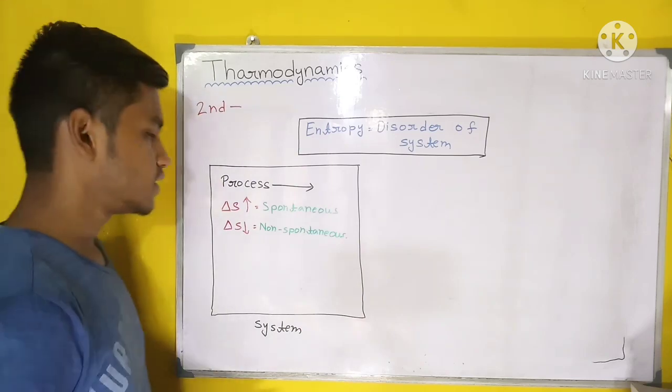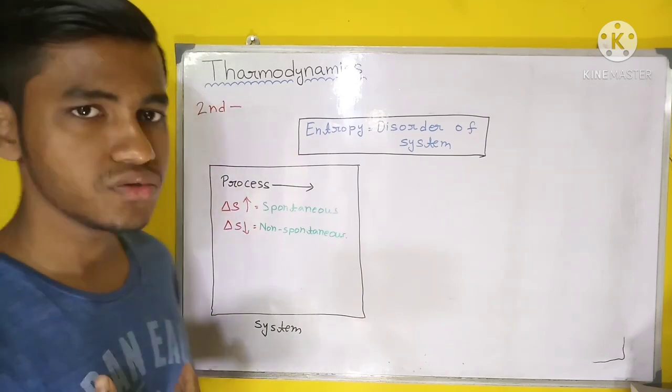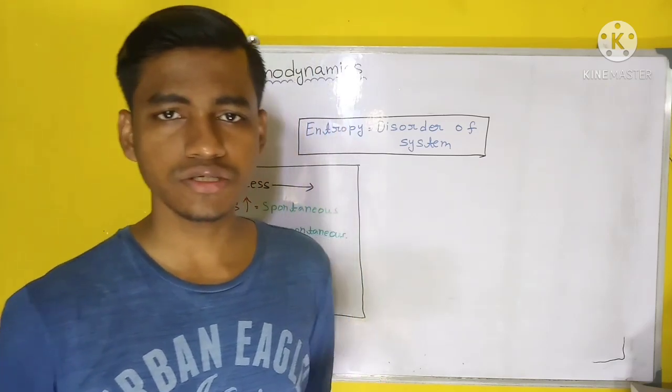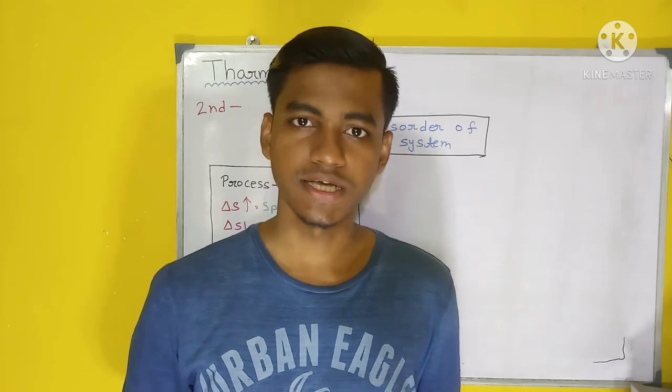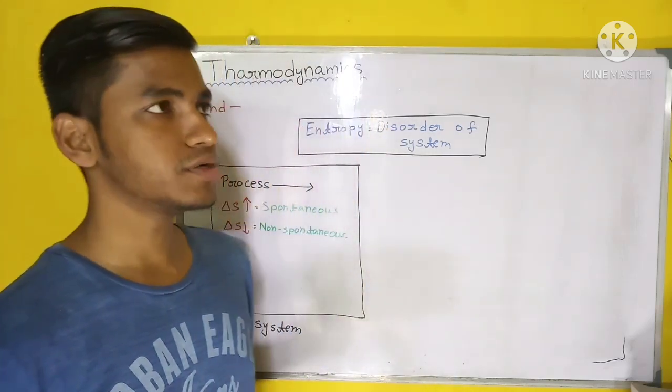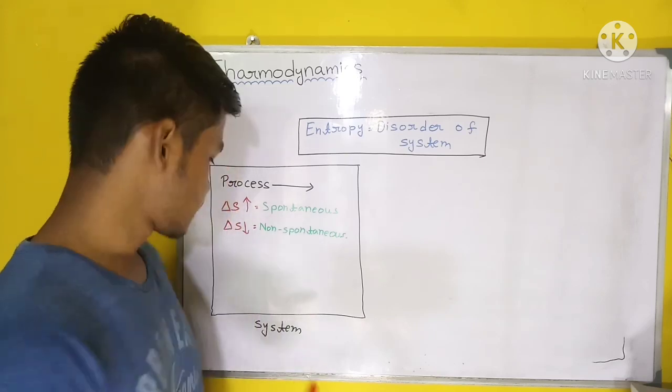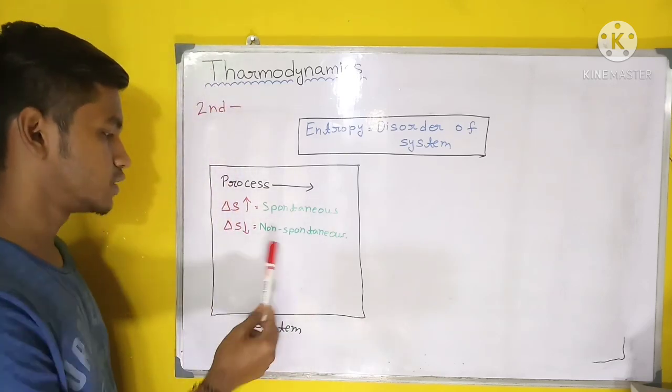That means in a system or in a universe, a process is going on, and this process will be spontaneous if the entropy increases, and if the entropy decreases, that means this process of this system will be non-spontaneous, guys.